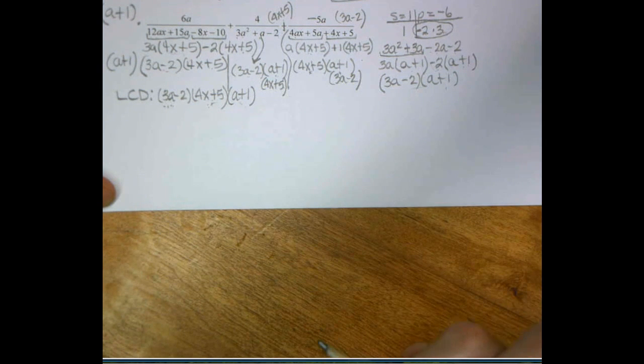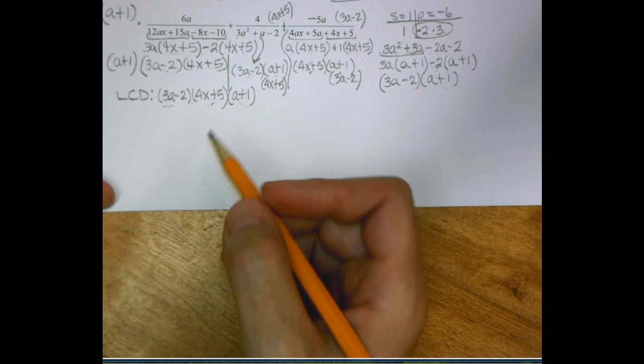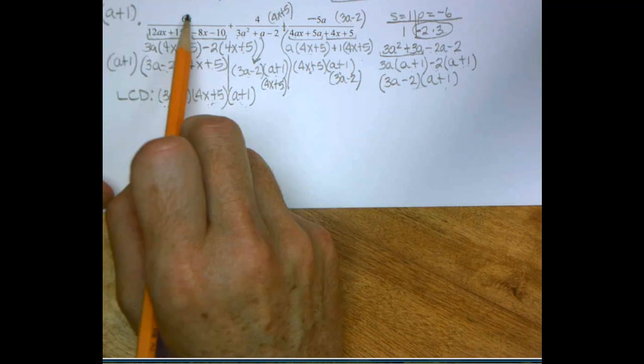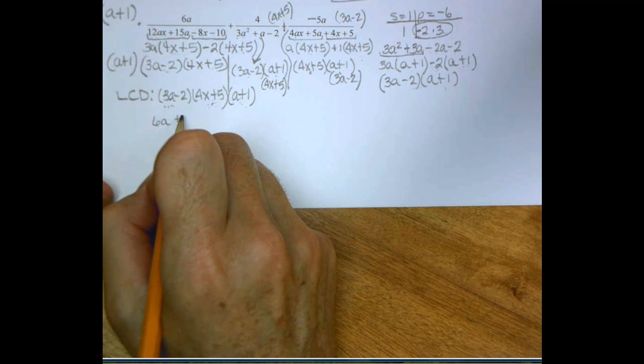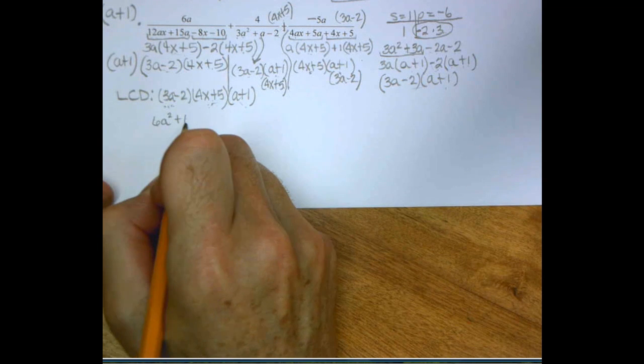I'm going to show you one more little shortcut. I can go ahead and distribute here and write it 6a squared plus 6a.